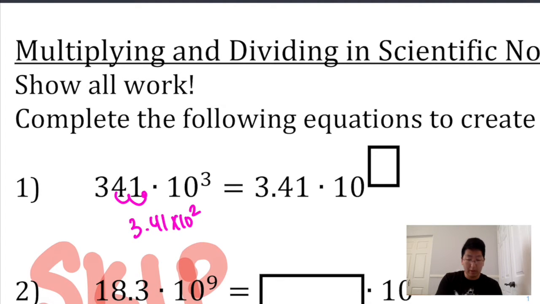And this number right here, 341, is larger than 10, so remember your exponent is going to be positive. So this is the same thing as 3.41 times 10 to the second, but it's times 10 to the third. Oops, let's erase that. Times 10 to the third. And what we can do is combine the powers, so it's 3.41 times 10 to the fifth.